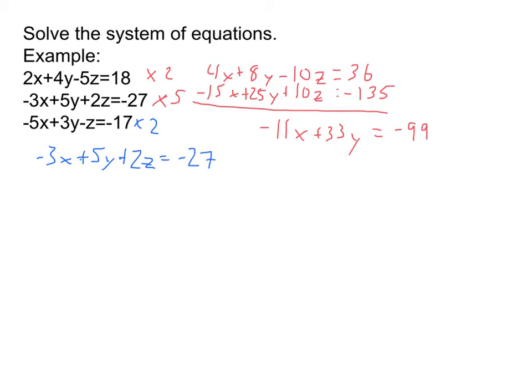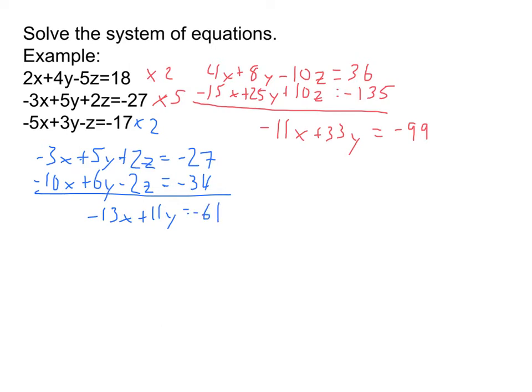Okay, I multiply the last equation all by 2 now. I'd get negative 10x plus 6y minus 2z. Good, they're opposite but the same number. Equals negative 34. Okay, now I can add them together. I get negative 13x plus 11y equals negative 61.